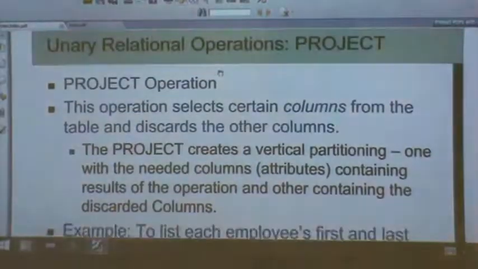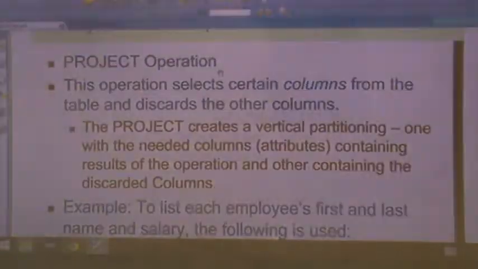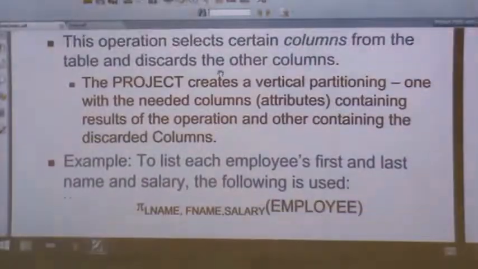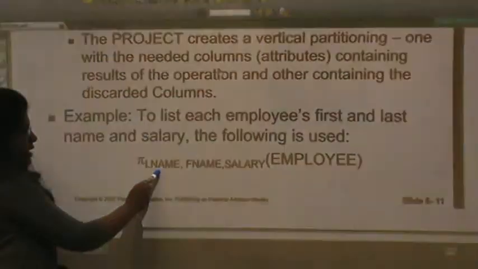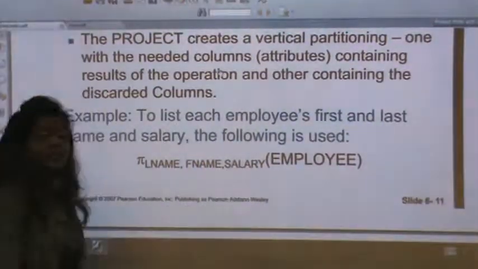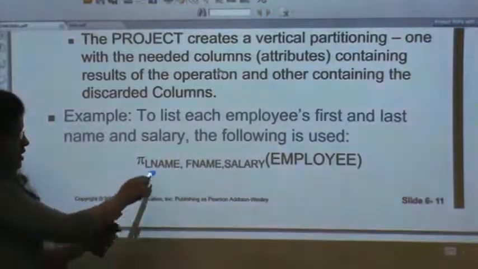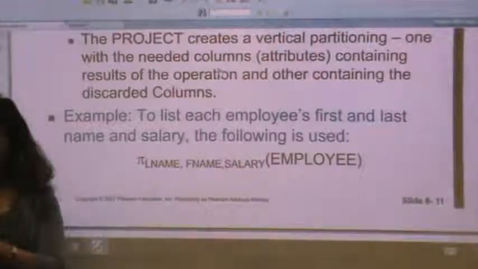Now the project operation. Project is more like specifically selecting or projecting certain columns. If I'm saying pi of last name, first name, and salary of the employee, then there is no condition. I'm just selecting all of the last names, all of the first names, and all of the salaries.